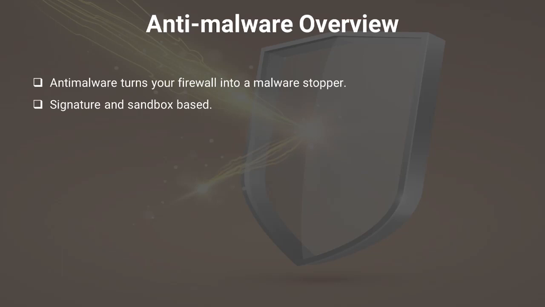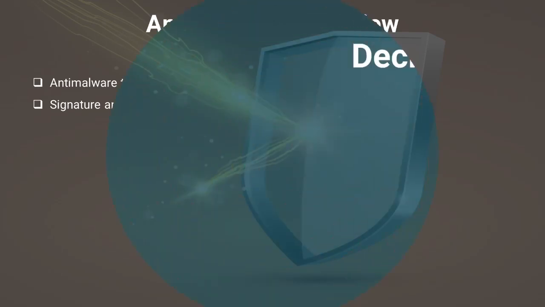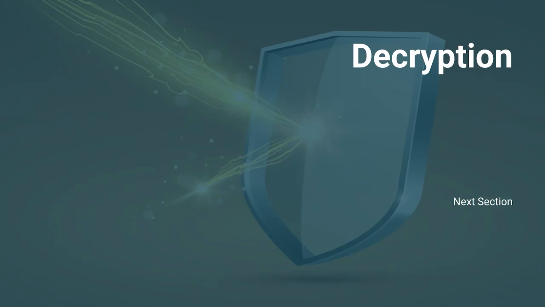More than 90% of the traffic on the internet is encrypted. So the firewall needs to be able to decrypt traffic to see what's inside in order to apply features such as IPS, anti-malware, application identification, etc. So stay tuned for the next and very important lesson.